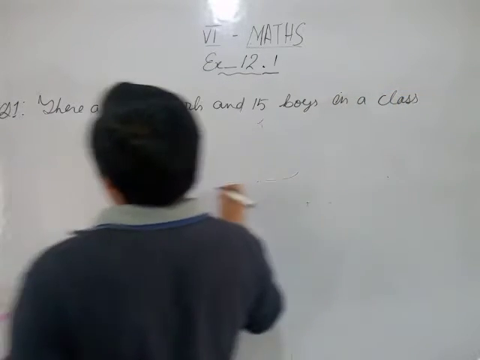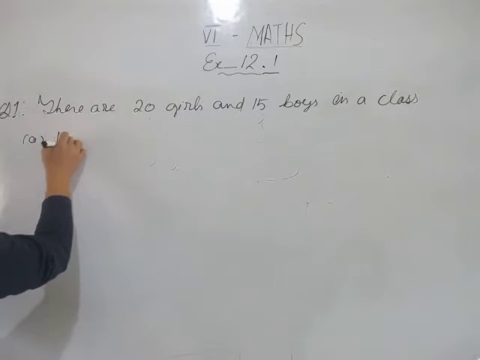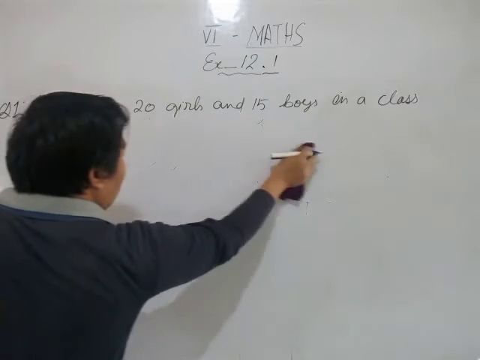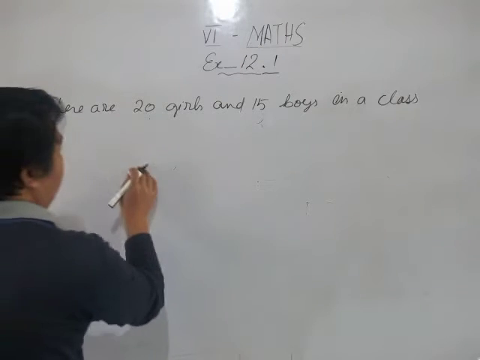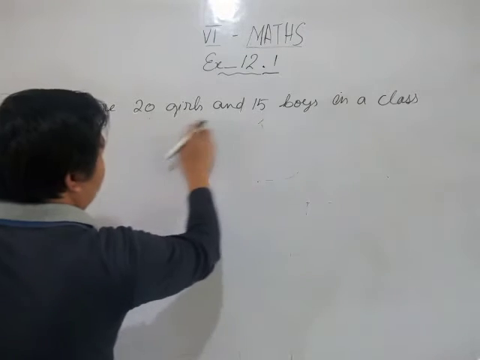Part A is asking: what is the ratio of the number of girls to the number of boys? The ratio of the number of girls to the number of boys.